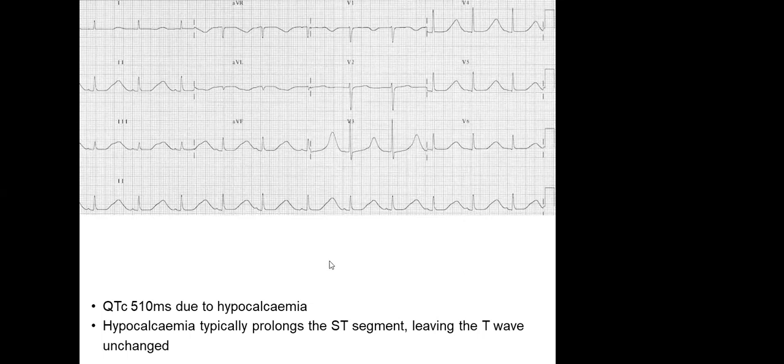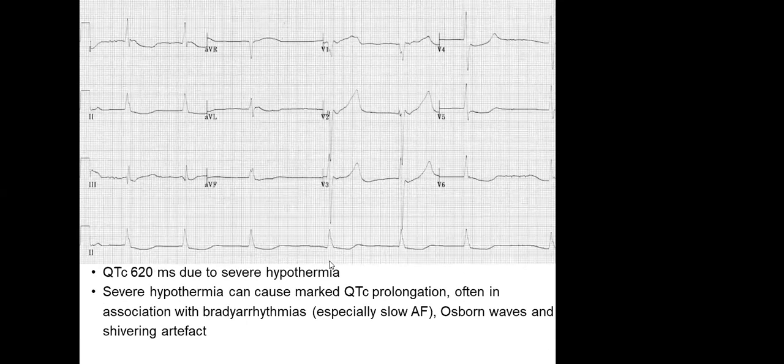That means we have to look for the cause of the prolonged QT interval. In this case, we have severe hypothermia, which is another cause of QT prolongation. When we calculate, there is broadening of the QRS complex over here, more than 4 squares actually: 1, 2, 3, 4.